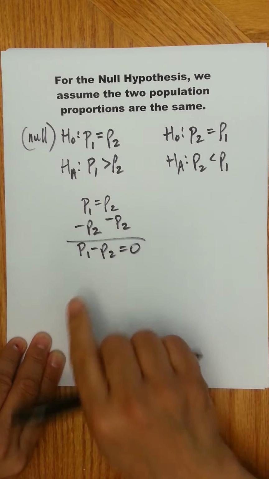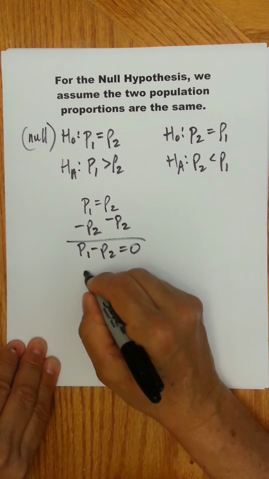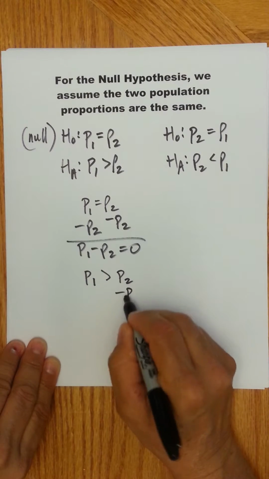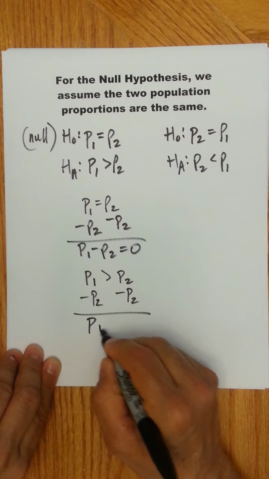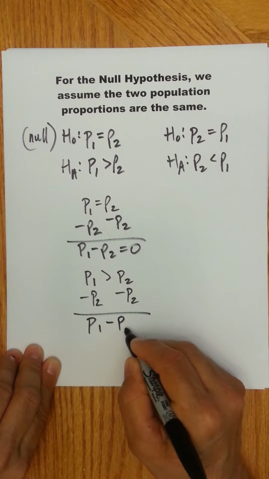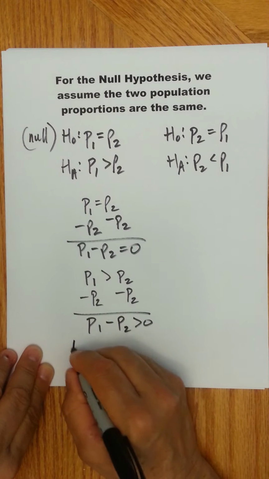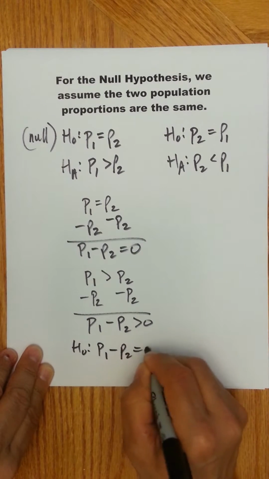So now what I'm saying is the difference between the two population proportions is 0. And the same thing is true with the inequality. As long as I subtract the same thing from both sides, then I really have preserved the same solution set. So, although I wrote it this way, I could have written it P sub 1 minus P sub 2 is 0.